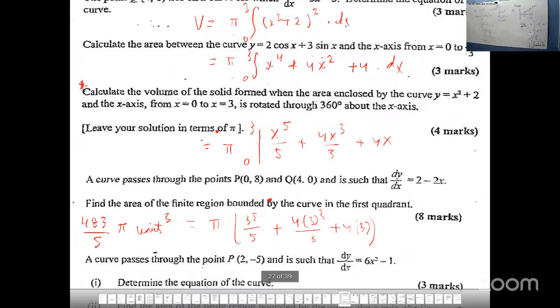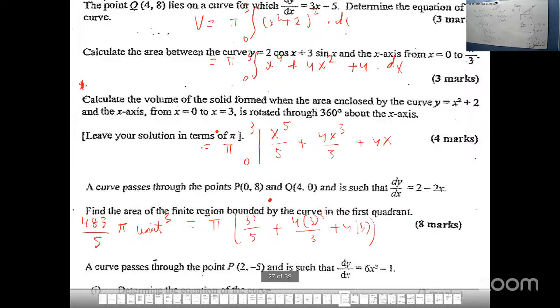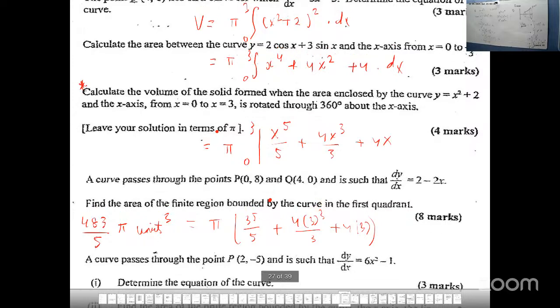Copy down. Let's go again. What did you get for the integral, Baru?